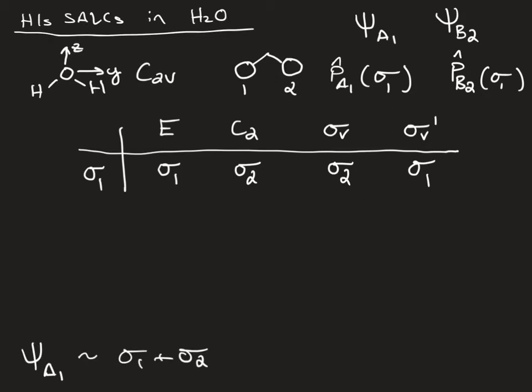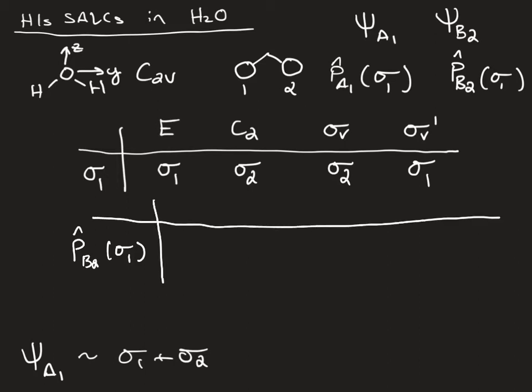So now we're going to finish the B2 projection on the hydrogen 1s orbital from H1. E has a character of 1 under the B2 representation, C2 minus 1, sigma V minus 1, sigma V prime 1.